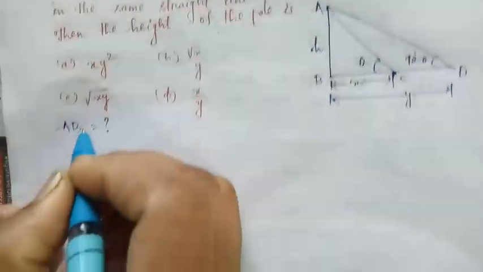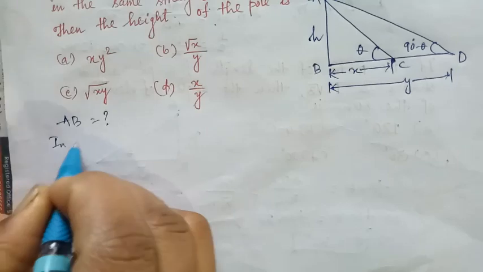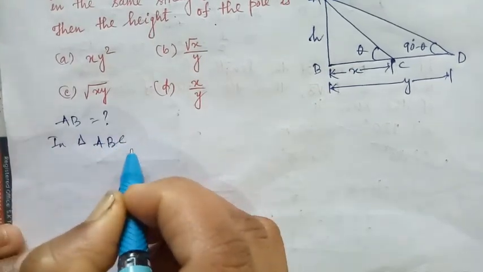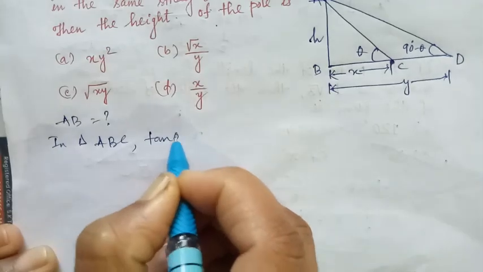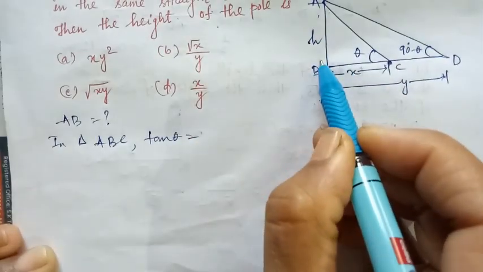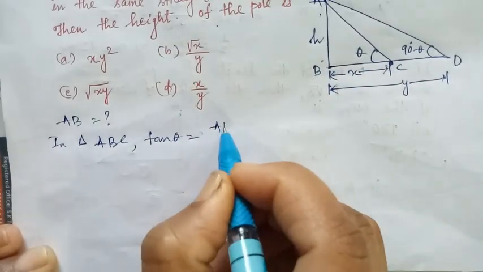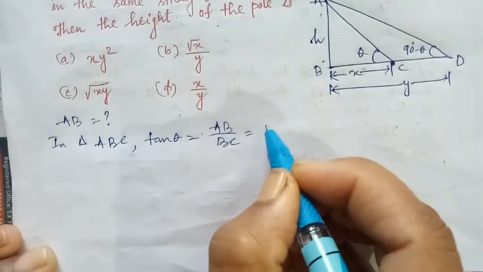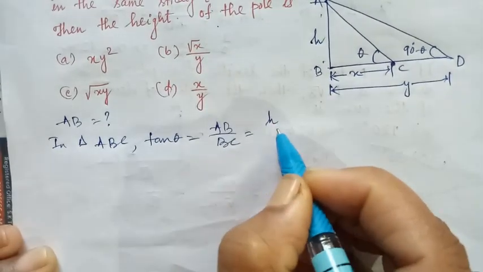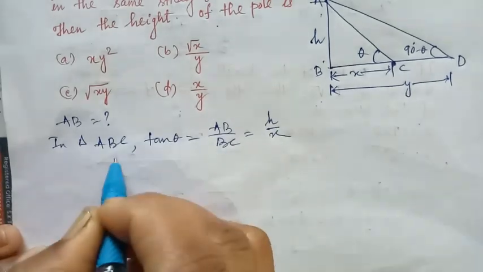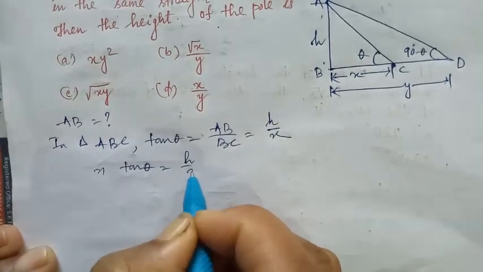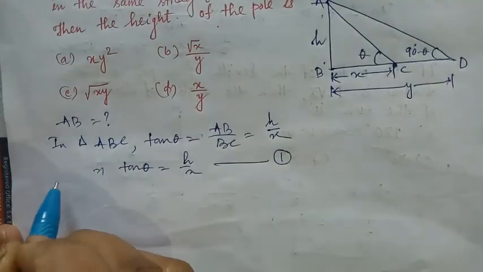Now in triangle ABC, tan of theta is how much? AB upon BC, which is equal to H upon X. Tan theta is equal to H upon X. Let it be equation 1.